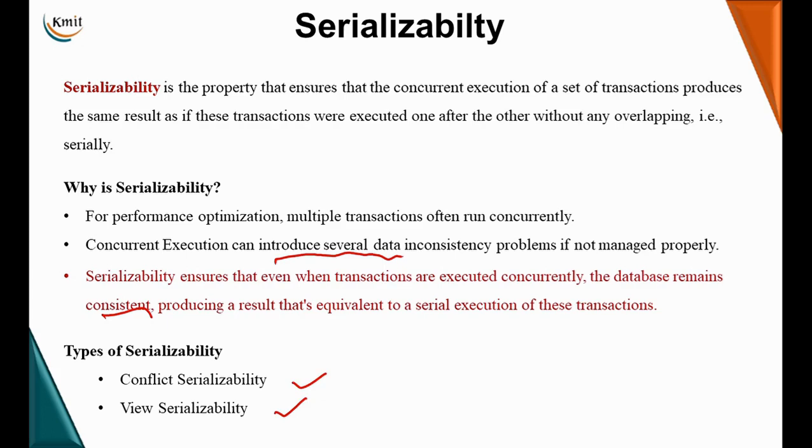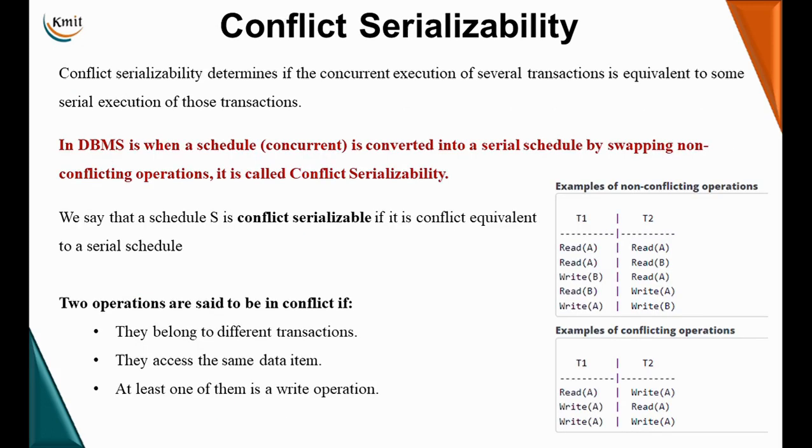What is conflict serializability? Conflict serializability determines if a concurrent execution of several transactions is equivalent to some serial execution of those transactions. You have a set of transactions. Conflict serializability says that this concurrent execution can be modified a little to give you another schedule which gives the same result as some serial execution.